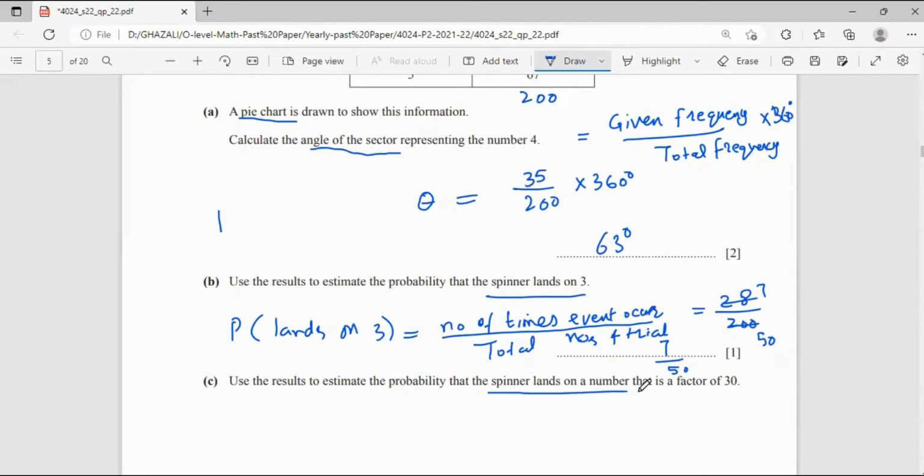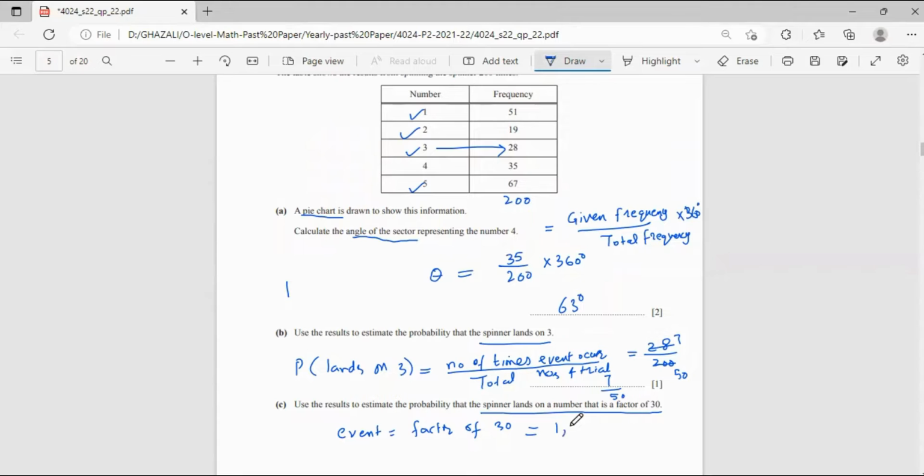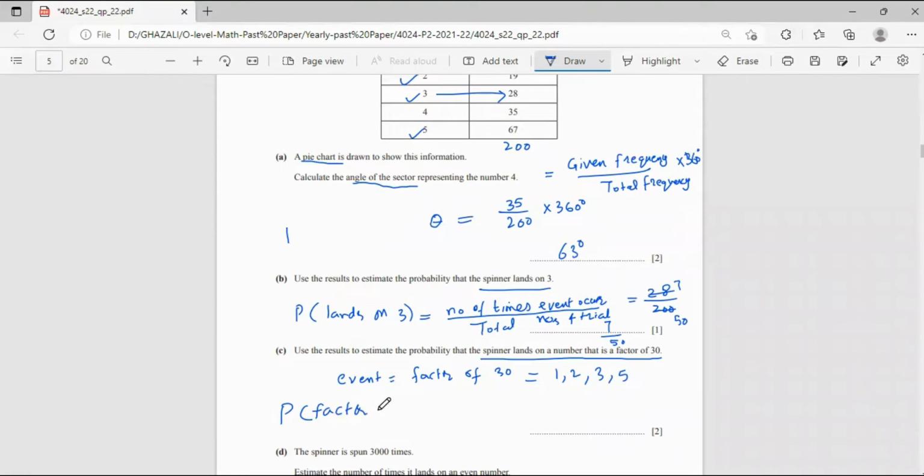Probability that the spinner lands on a factor of 30. Here the event is a factor of 30, or 1, 2, 3, and 5. Now the probability of that event is equal to the number of times these factors occur.